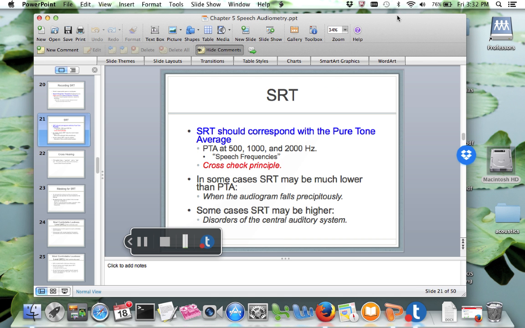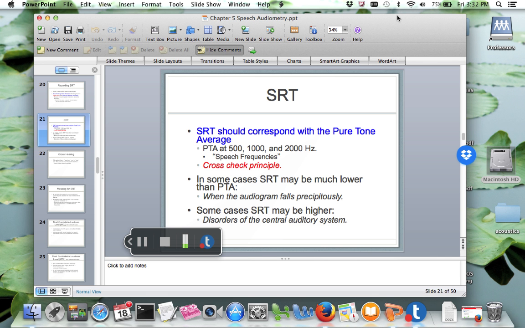Remember from the last chapter, the pure tone average is the average of the thresholds collected at 500, 1,000, and 2,000, those speech frequencies. So you calculate the average for the right ear, you calculate the average for the left ear, and they should correspond with your SRT by about 5 decibels.